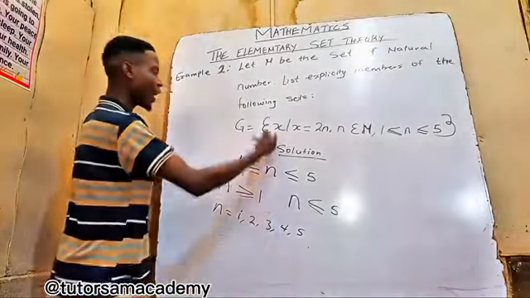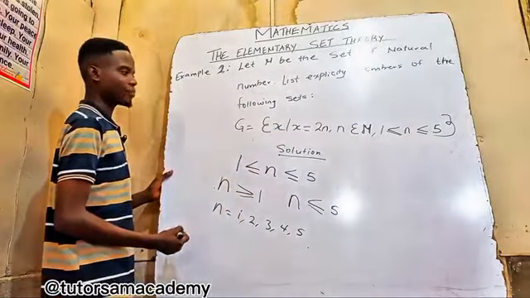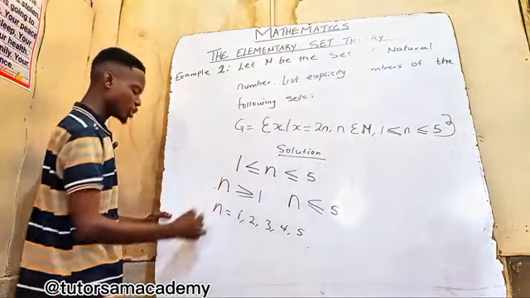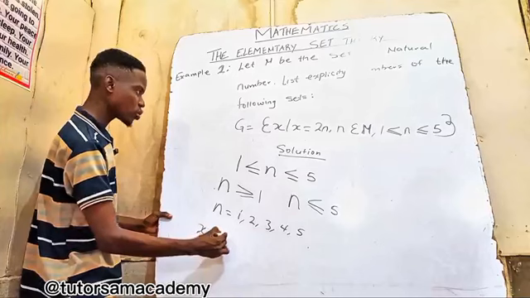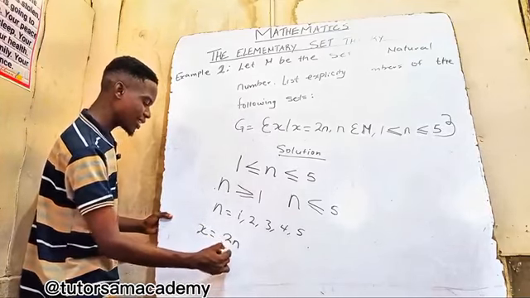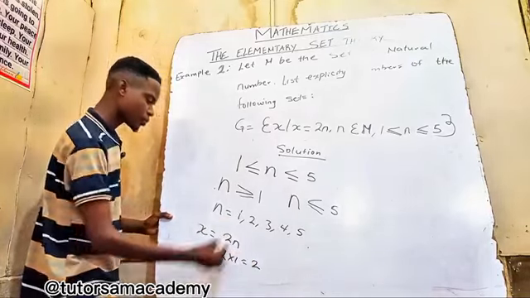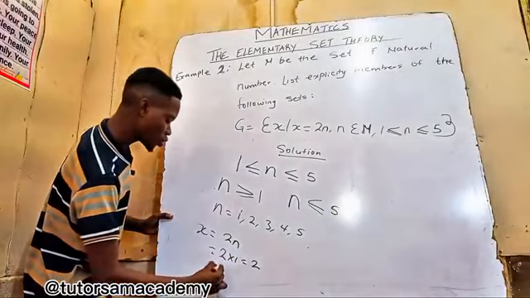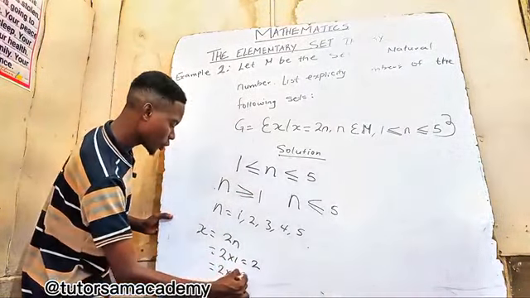From this, I can now substitute into my x. So x is equal to 2n. It is x that belongs to G. The next step: x is equal to 2n. Each of these n will be substituted here. 2 times 1 gives 2. 2 times 2 gives 4.